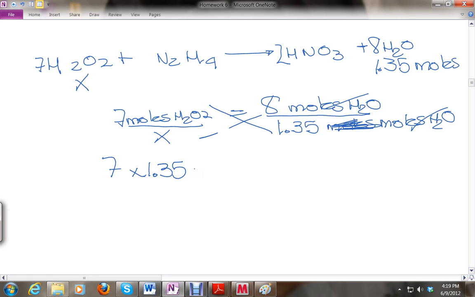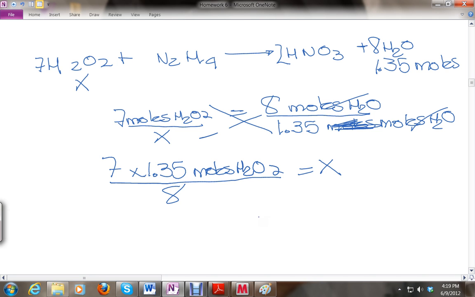So 1.35 times 7 moles of hydrogen peroxide divided by 8. And that gives me the moles of hydrogen peroxide.